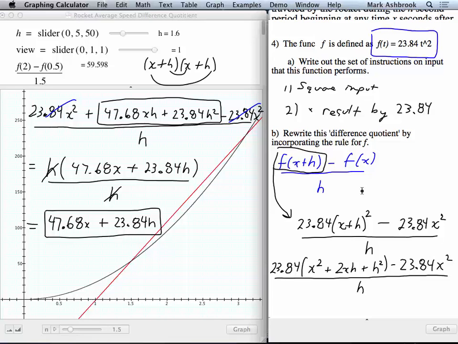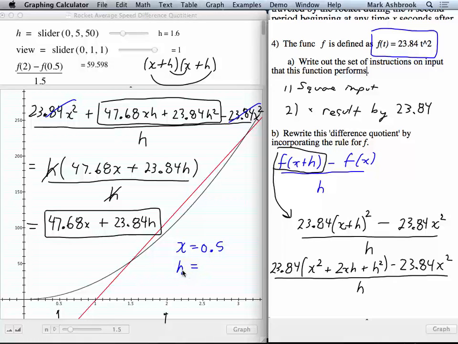Okay, so let's just test this with that very first example we did. It was starting at time 0.5, right? And lasting how long? It was from 0.5 to 2. So therefore, x would be what? 0.5, and what would h be?